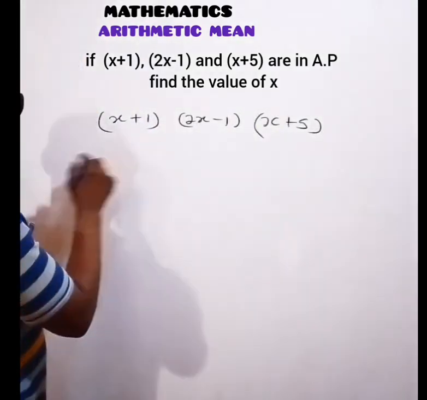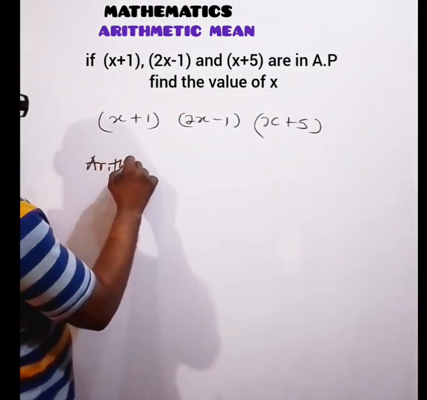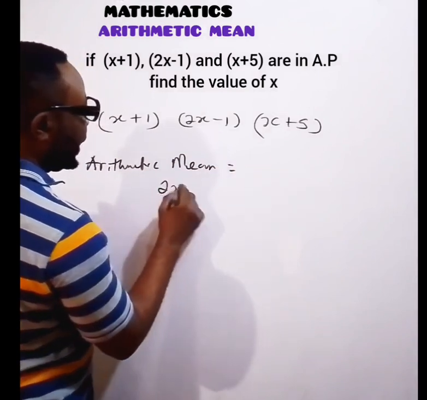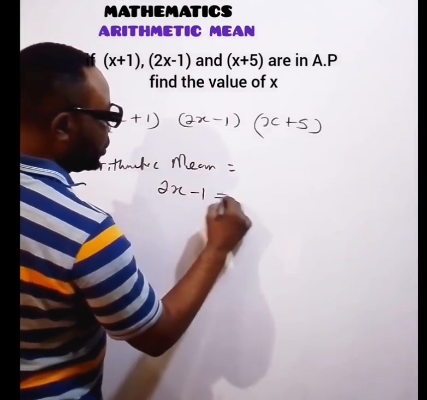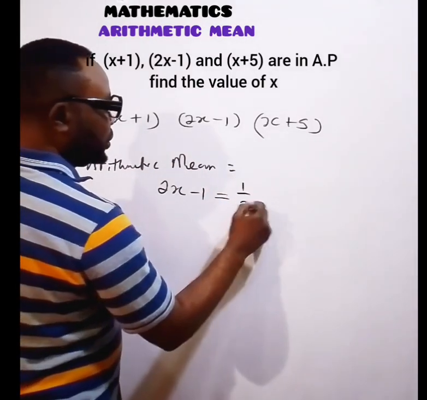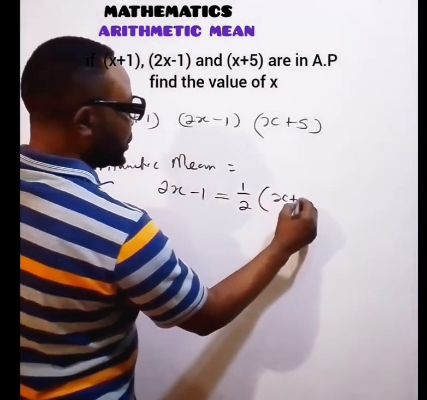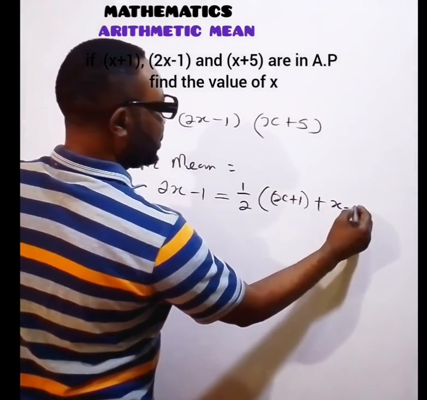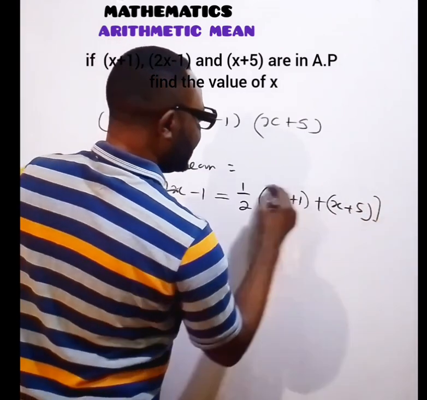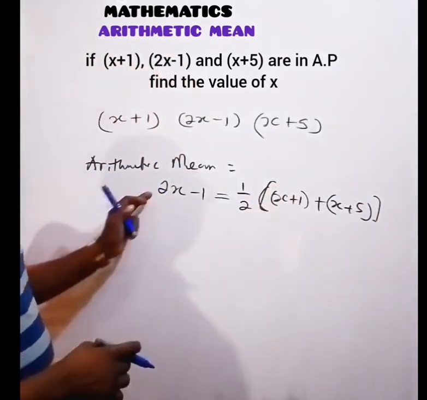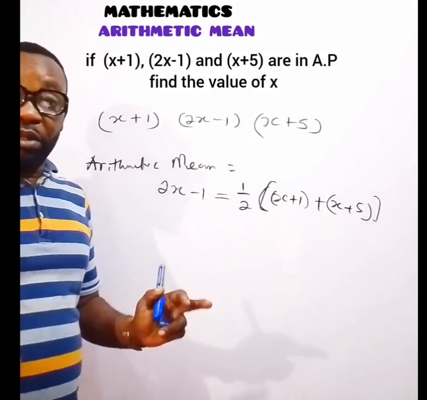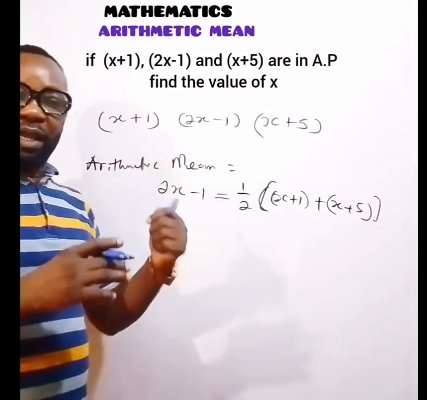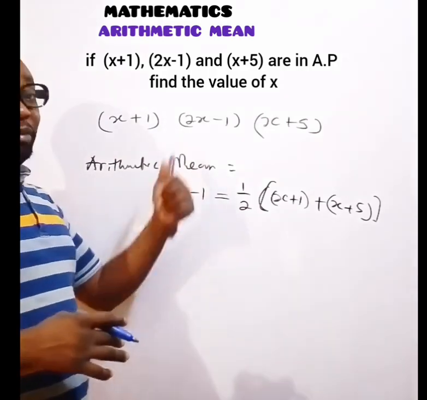That is, arithmetic mean 2x minus 1 will be equal to 1 over 2 into bracket x plus 1, plus bracket x plus 5. That is what the arithmetic mean is going to show us. And that is how I solved the initial question that we solved earlier.